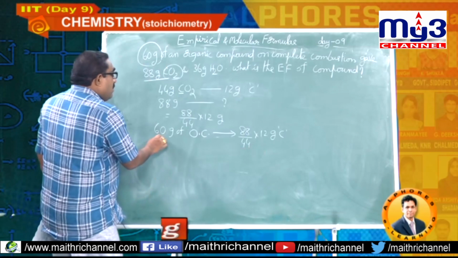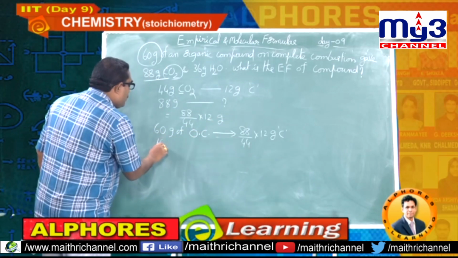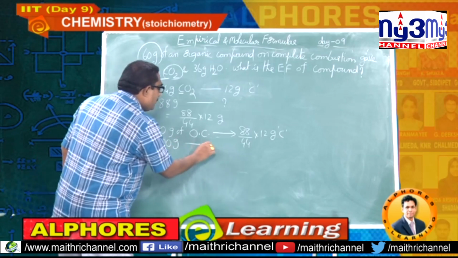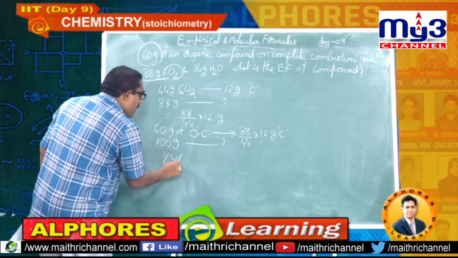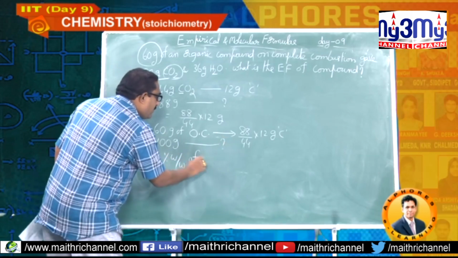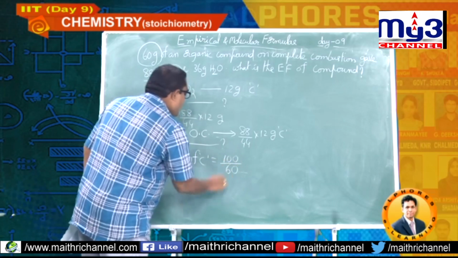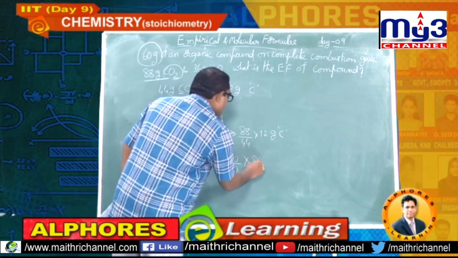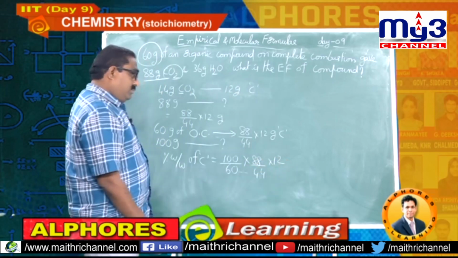Now, to get percentage composition, you have to consider 100 grams of organic compound. What are you going to get here? The mass percent of carbon in the compound: 100 by 60 into 88 by 44 into 12.